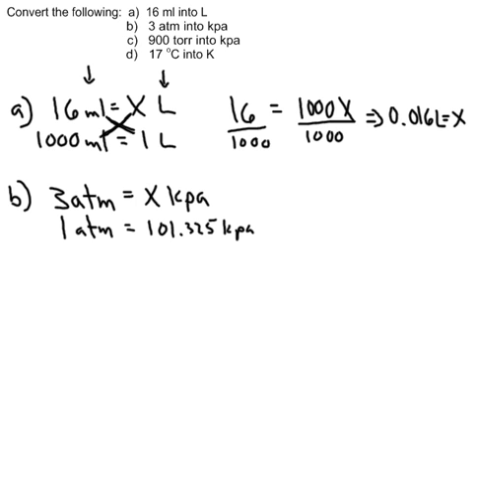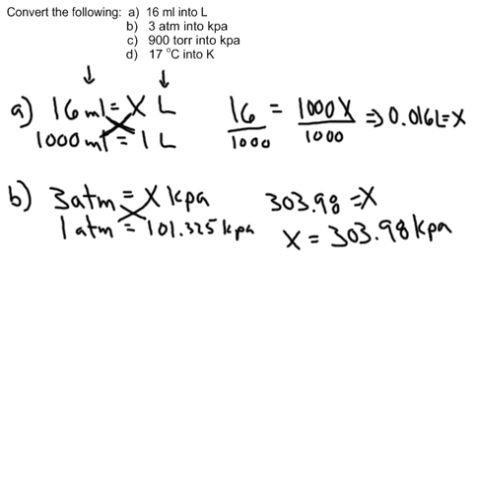And again, note that I wrote the atmospheres below the atmospheres and the kilopascals below the kilopascals. Now you'll cross multiply in order to solve. So 3 times 101.325 equals 303.98, and 1 times X is X, and so we know then that X is going to be 303.98 kilopascals, and we're done.